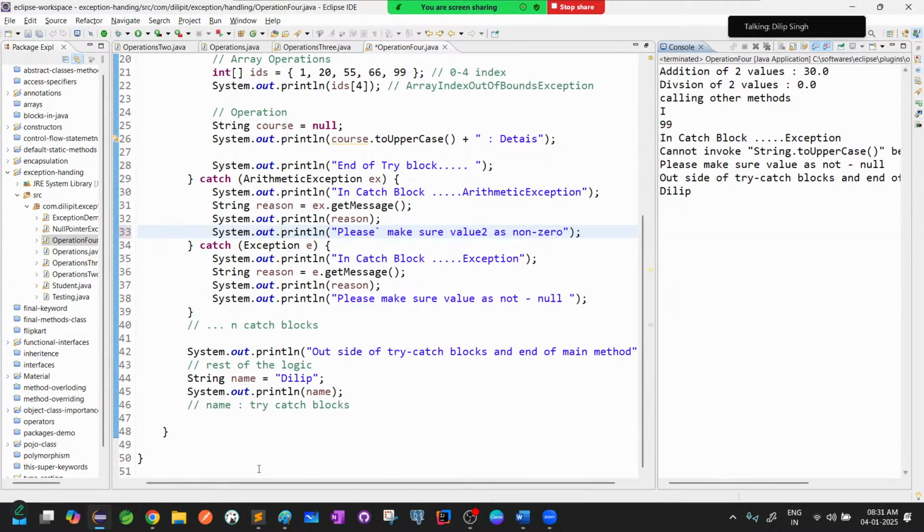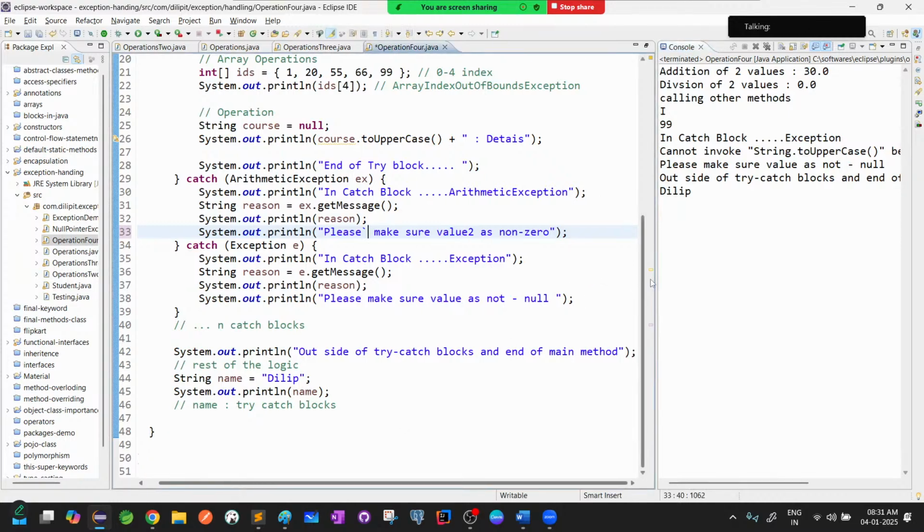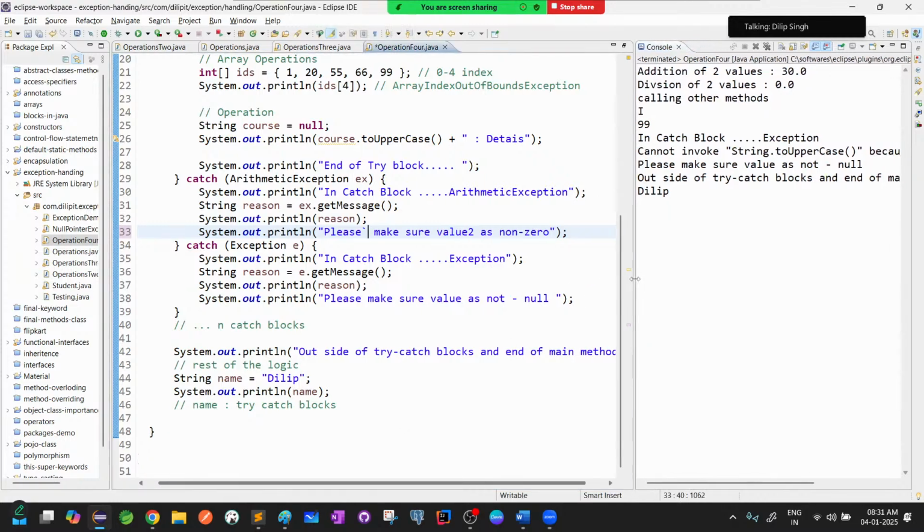Even though we got null pointer exception, even though there is no catch block associated to null pointer exception, you know very clearly you got null pointer exception, but there is no catch block for it. But still, why is this executed? What is the reason?